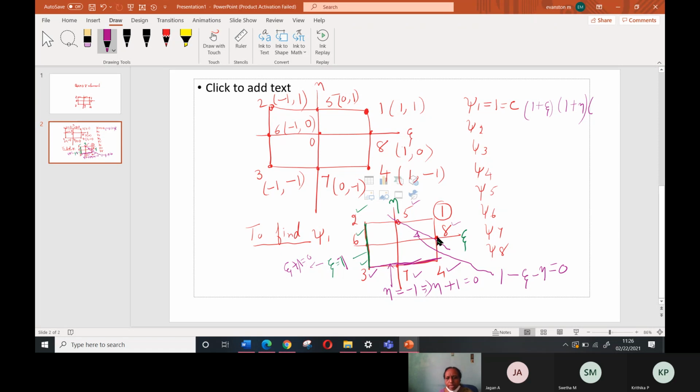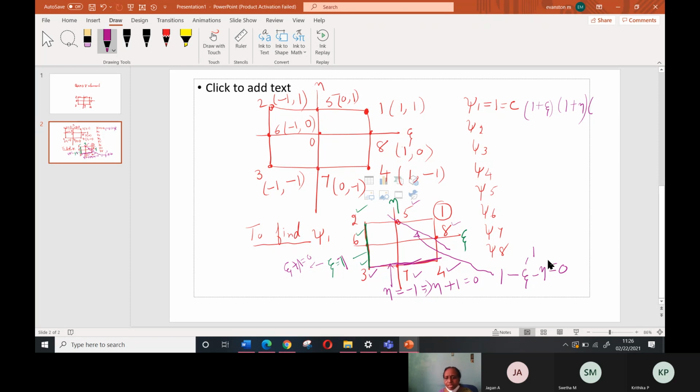Suppose I am taking the 8th node, xi is equal to 1 and eta is equal to 0. So when I substitute xi is equal to 1, I'm talking about this 8th node, xi is equal to 1 and eta is equal to 0. So 1 minus 1 is equal to 0.